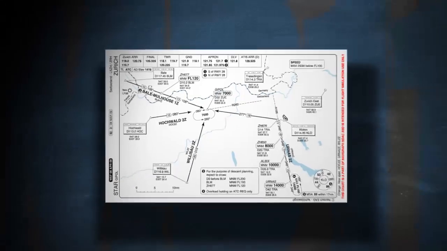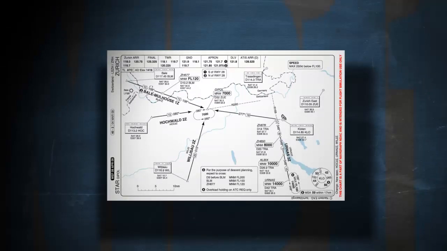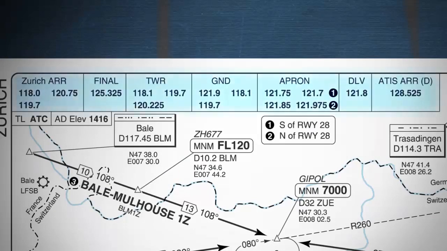Now, the standard terminal arrival route, or STAR chart, shows several important pieces of information. Before an arrival, you should study the charts carefully, and that is always important to do. The frequencies needed for the approach are shown across the top of the chart.